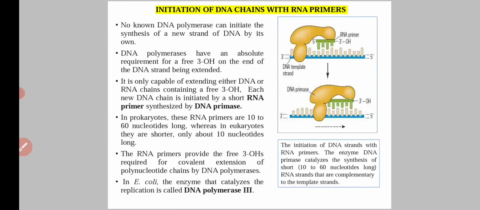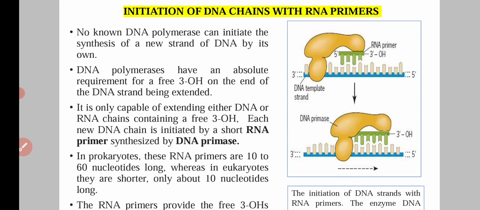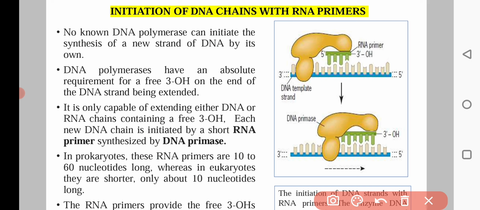So now the replication bubble has been created, and new strand formation will start. But DNA polymerase enzymes do not have the ability to carry out DNA replication by themselves. DNA polymerases have an absolute requirement for a free 3' OH group on the end of the DNA strand which is being extended.